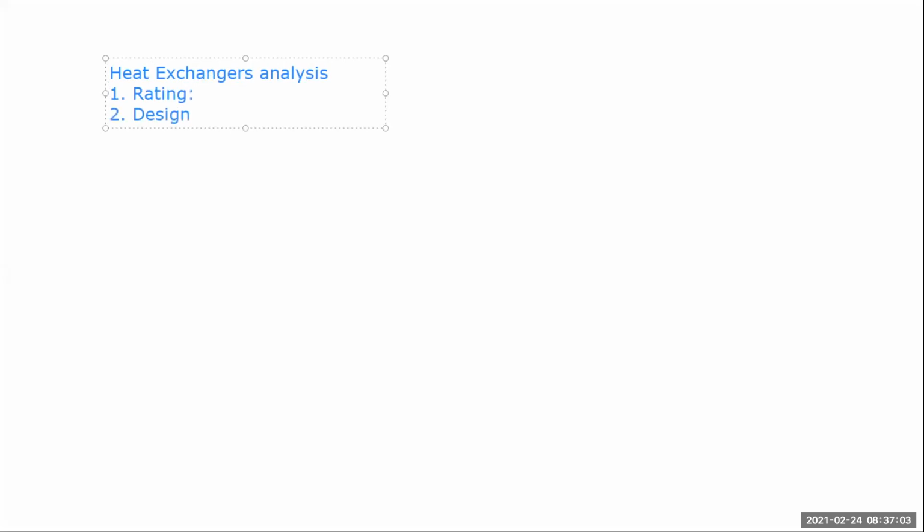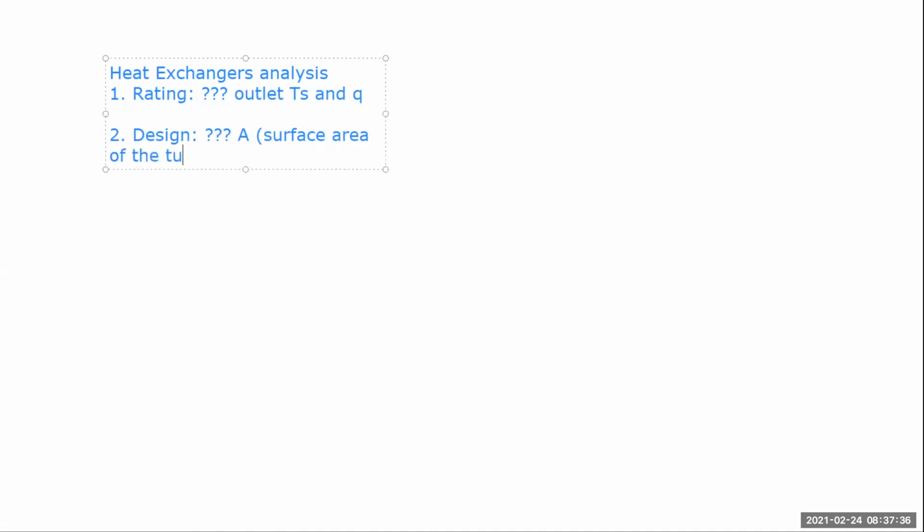By rating, I mean that what we want is the outlet temperature and heat transfer rate. Whereas for design, we have all the temperatures, we have the heat transfer rate, but what we are looking for is the surface area of the tubes. So these are the two basic classifications of heat exchanger analysis.